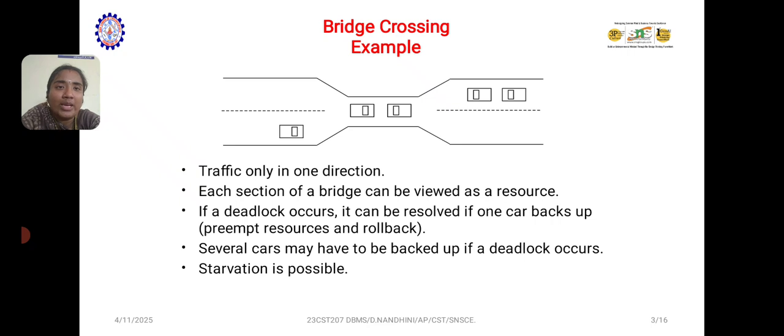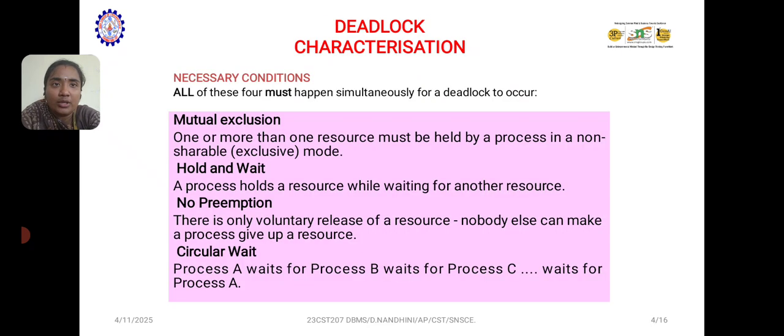So we should wait till the 2 cars come out, or if 1 car comes out, it intimates the other car to wait. If it gets intimated like that, we can easily proceed.